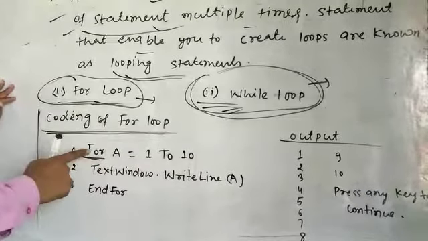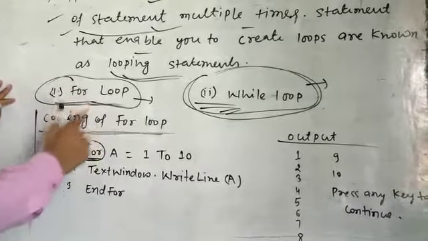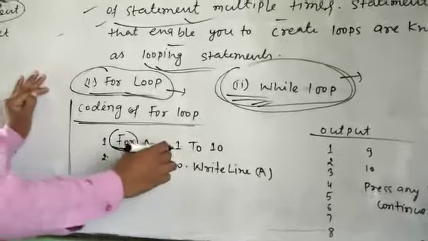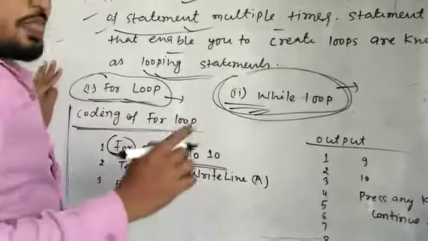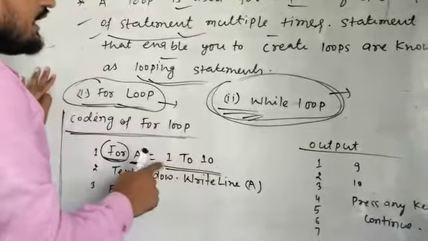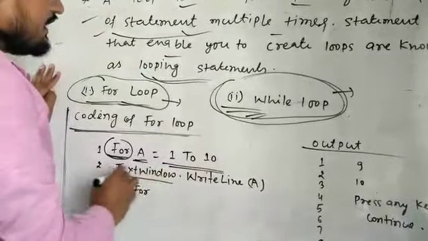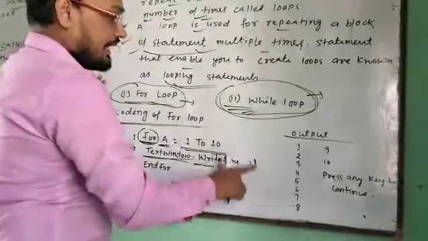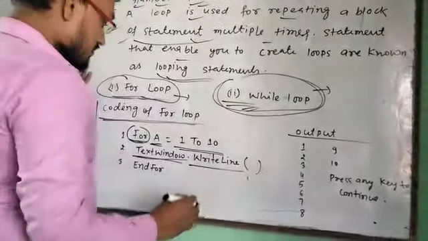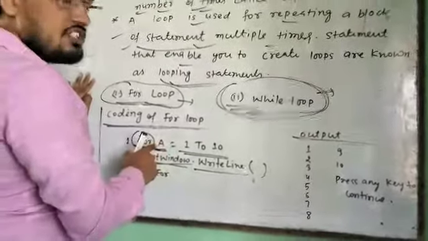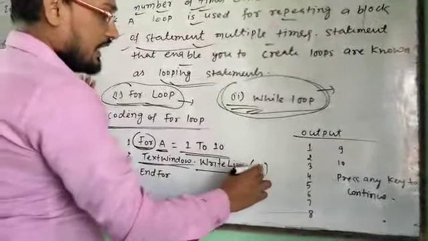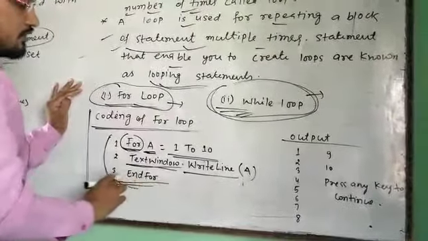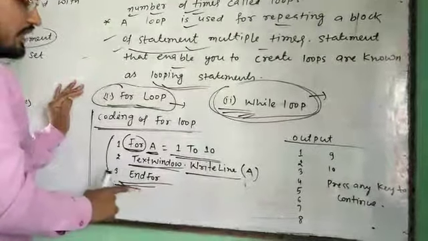So write For here, and then the initial value a, and then the number of repetitions we want to set, like 1 to 10, and then TextWindow.WriteLine, and then in a small bracket we write the initial value, type a. Then after this we need to end the for loop with EndFor.